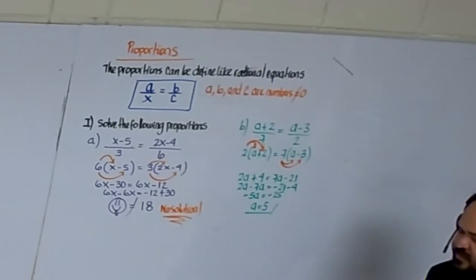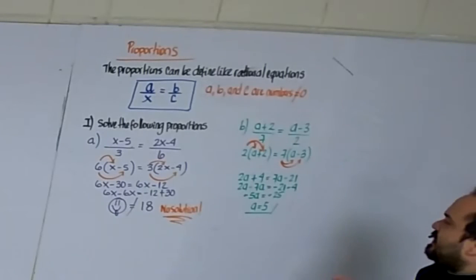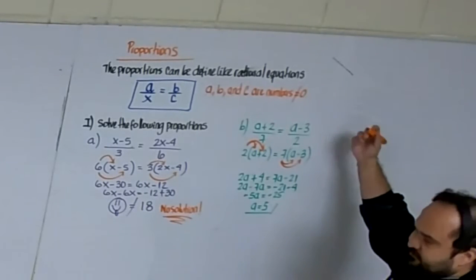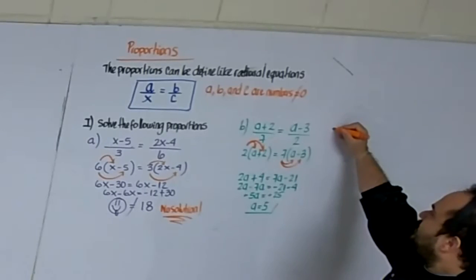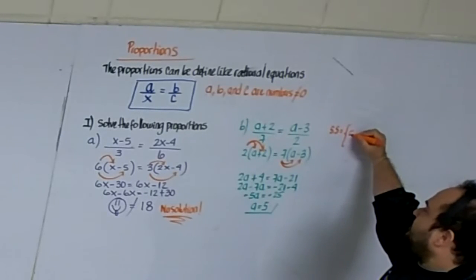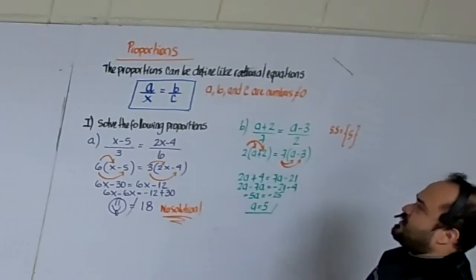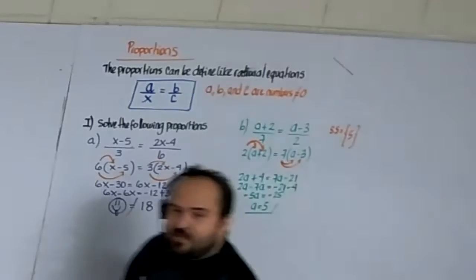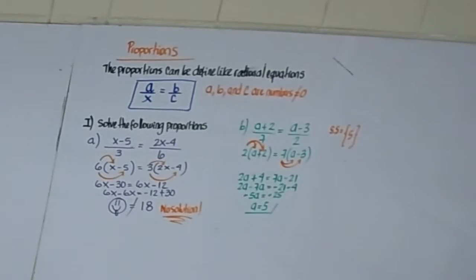The solution set, in this case, will be 5. Don't forget, even though we are talking about a proportion, because we have equations using fractions, it's another extension of the linear equations, okay?